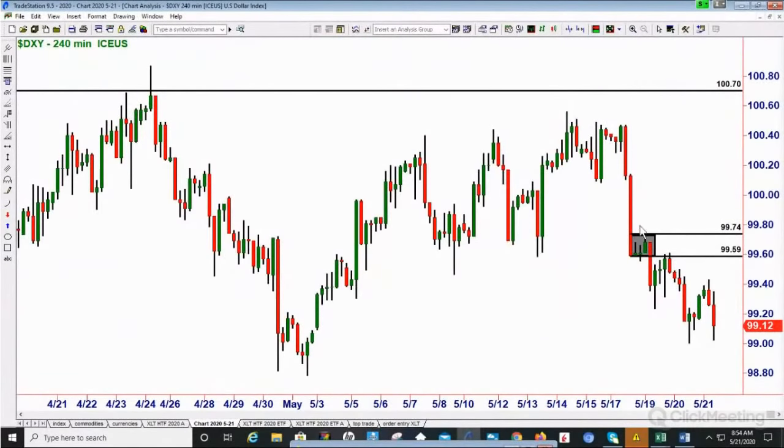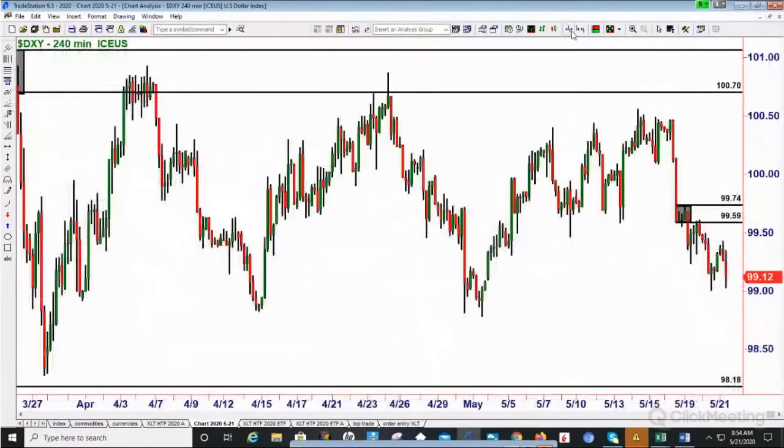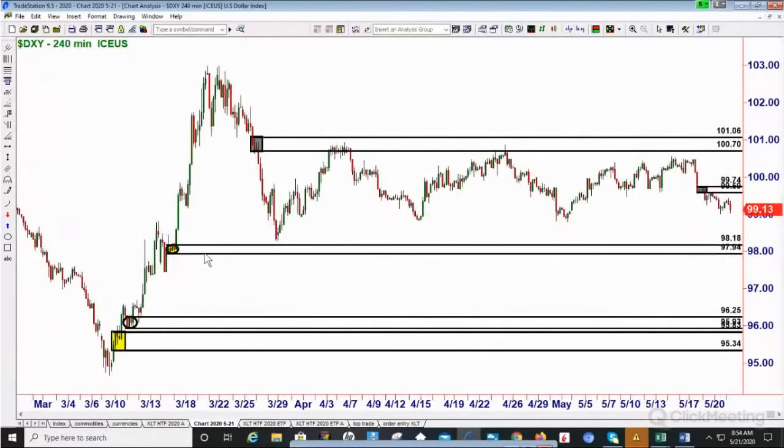So after that move down, we did have a new 4-hour zone. So you can see we're still reacting off of it. So down lower, now next week, we don't have until these are a little bit lower on the demands. So that can be suggesting that some of these currencies can move a little bit higher.